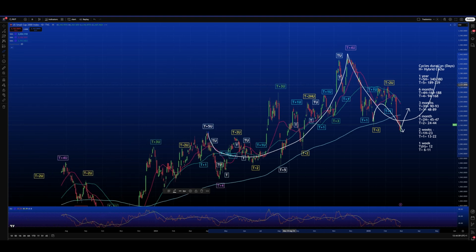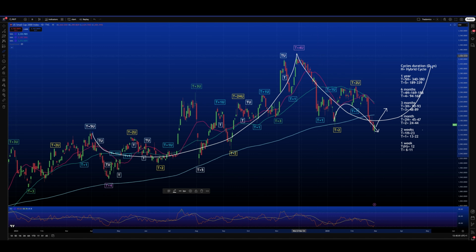Okay, so we have to see whether we will start returning at least over the stop and over the stop. If we will not return back to this top and this top, here we have to review the segmentation, because from this top here we might have the beginning of a B yearly cycle, not just a T plus 5.